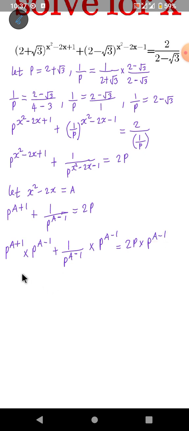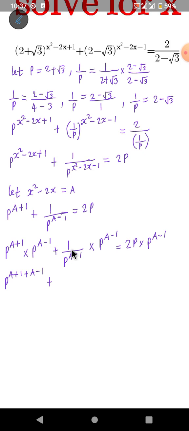Then we'll continue again. I'm going to apply the law of indices here because this and this have the same base. So we say P raised to the power of a plus 1, times, we turn to plus, then a minus 1. Then this is my plus sign here. I'm going to put it here.